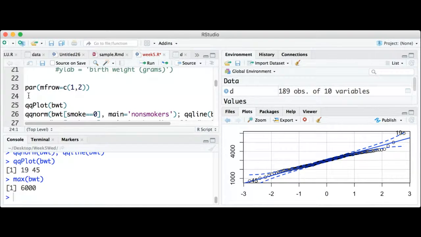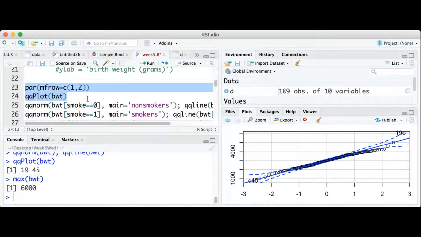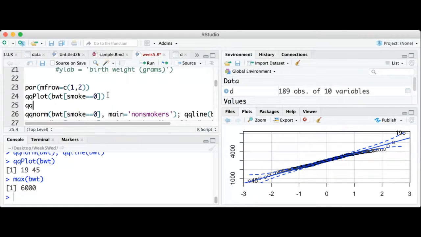So we do the QQ plot. If we use this function here, I'm going to do two side-by-side plots, and I want to do this way equals 1.